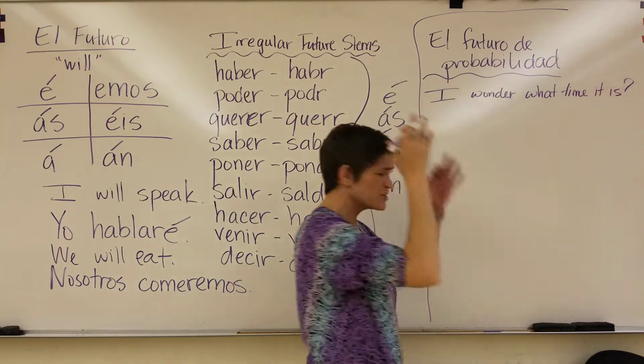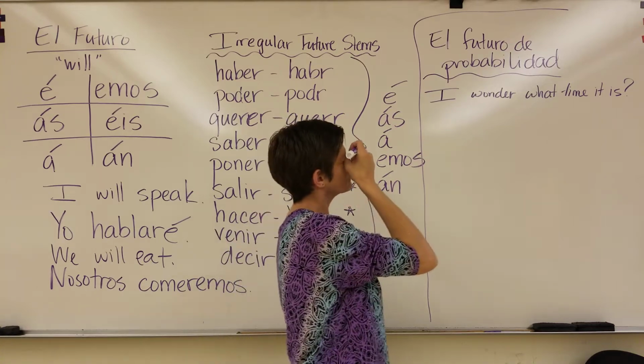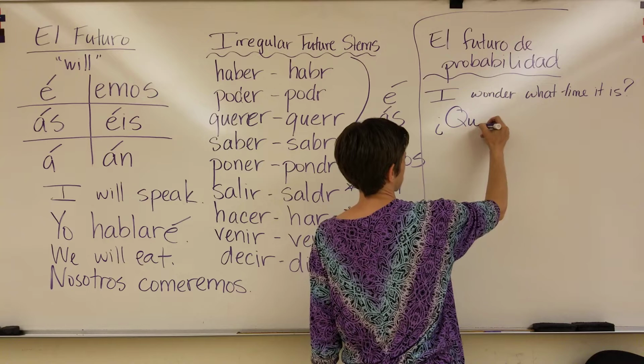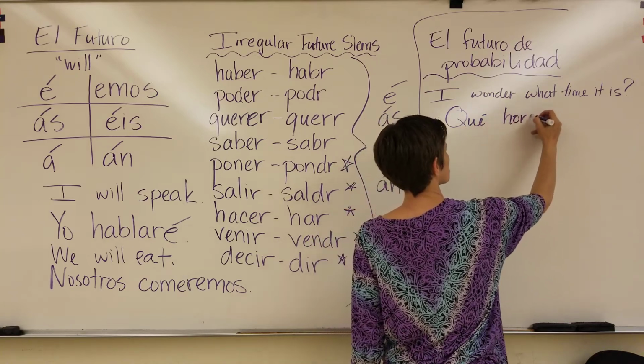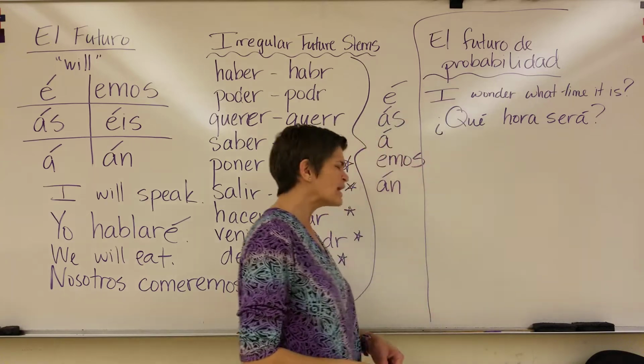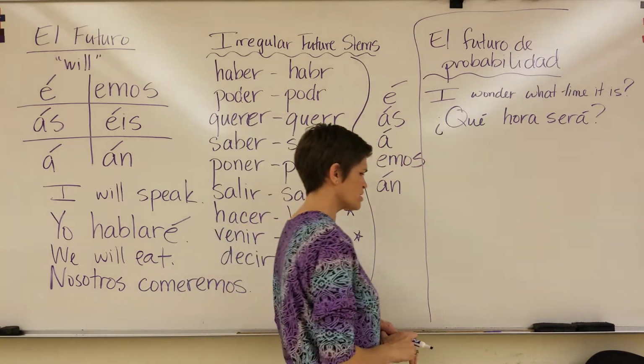Okay, and because I'm wondering it, and there's an unknown and it's a probability thing, we would say, ¿qué hora será? instead of ¿qué hora es? ¿Qué hora será? What time might it be? I wonder.